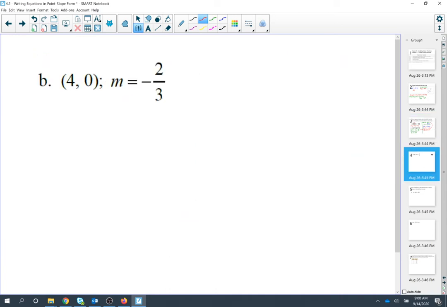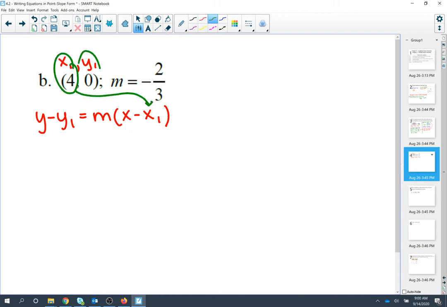Letter B. We're first going to start with point-slope form. So y minus y1 equals m times x minus x1. Keep in mind x1, y1. So the x1 is going to fill into this, and the y1 is going to fill into that.